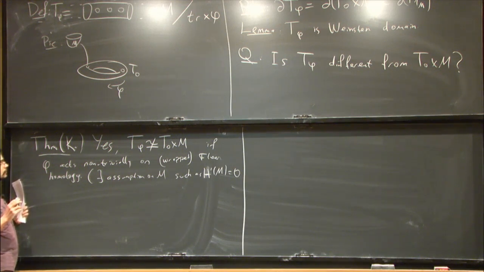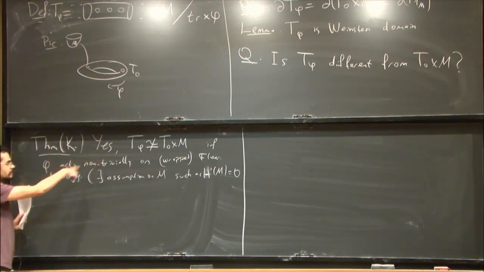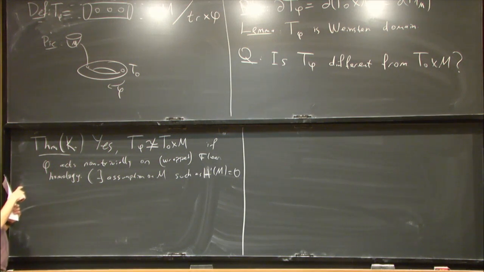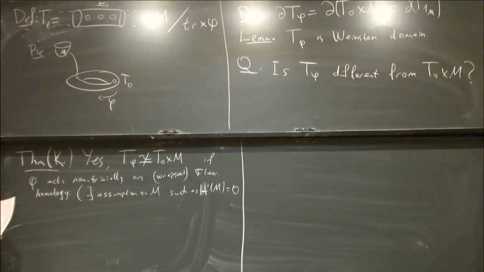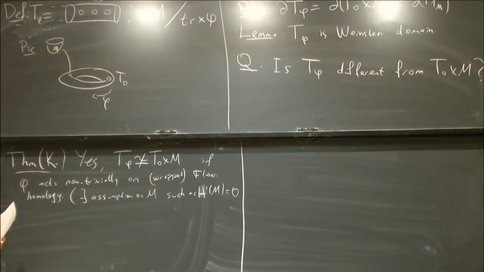What's the converse? If they are different, phi acts non-trivially. Should be true. I mean, because if phi acts trivially, well, yes. Yes, actually. I think I will make a remark about this at some point if I remember.